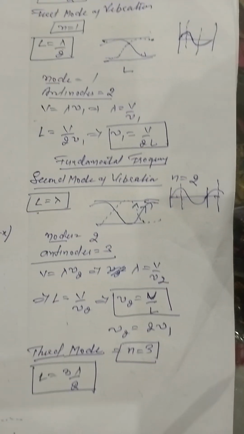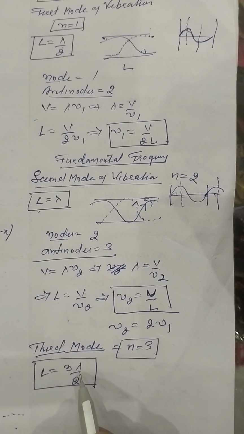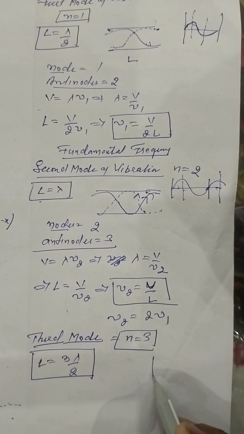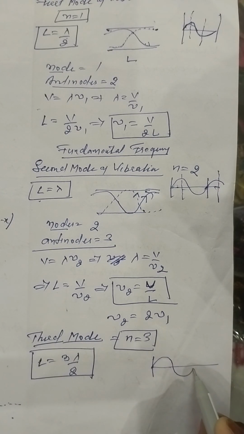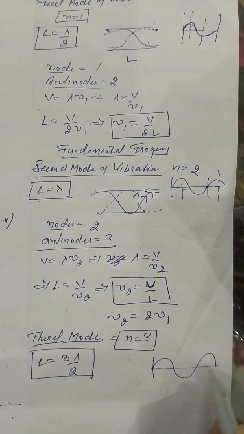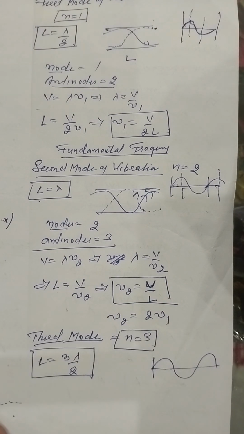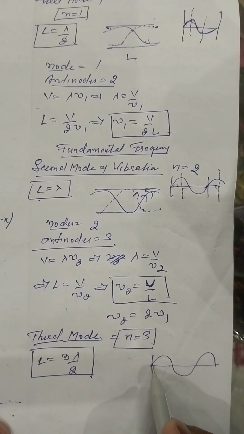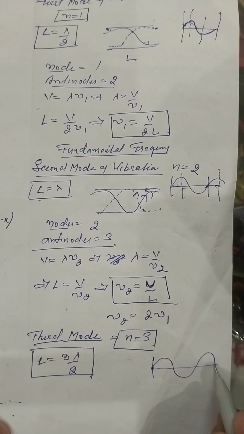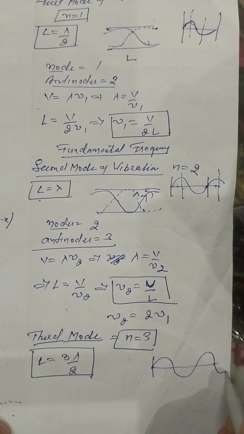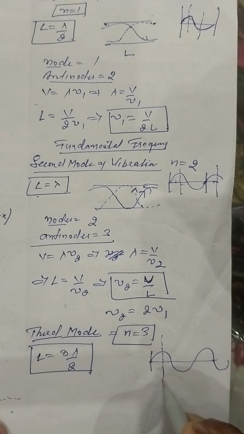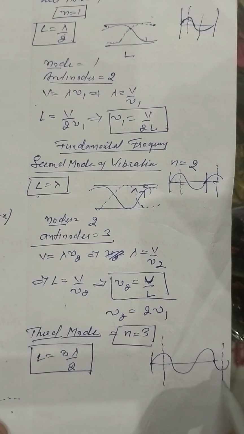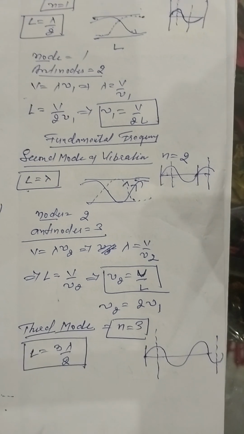So here it is clear that we will have 1 and a half waves. Basically this is 1 and a half wave, but that would be the case when the pipe is closed at both ends. But now we will be having 1 and a half wave like this, with open ends from this to this.